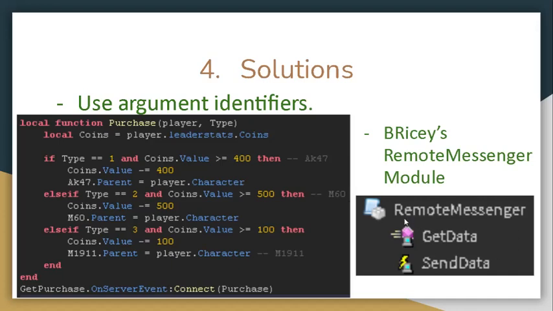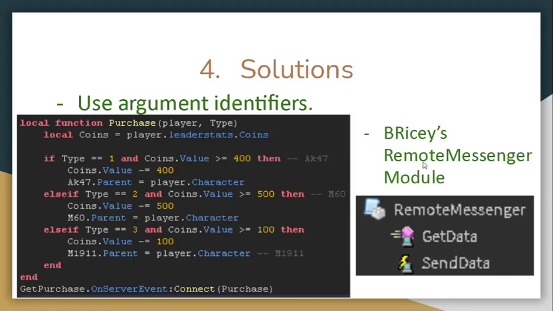You don't have to use any other remotes if you have this module. You just pass parameters to the module, and it runs them through these two events. It's really good for your system because it avoids any listening beyond just two, since you need at least two to start a listening of some kind. I definitely recommend you check out B-Ricey's remote messenger module.